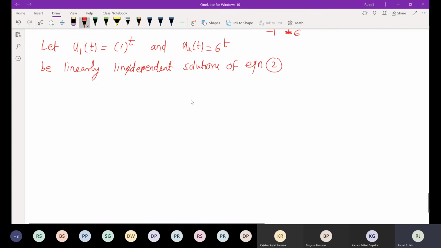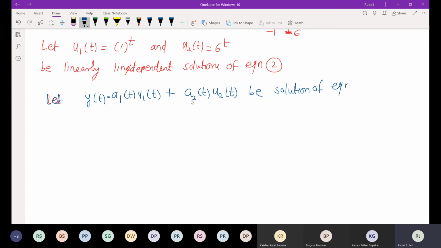Now I want to find a1(t) and a2(t). So let y(t) is equal to a1(t) u1(t) plus a2(t) u2(t) be a solution of equation 1. My aim is to find a1(t) and a2(t).